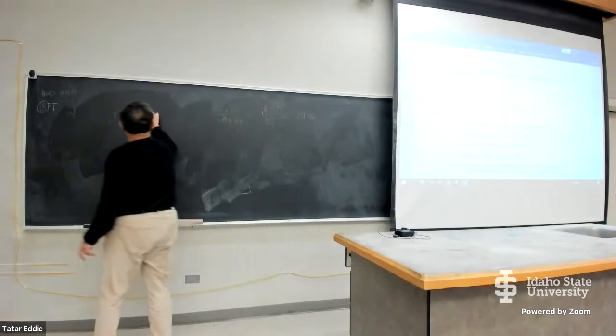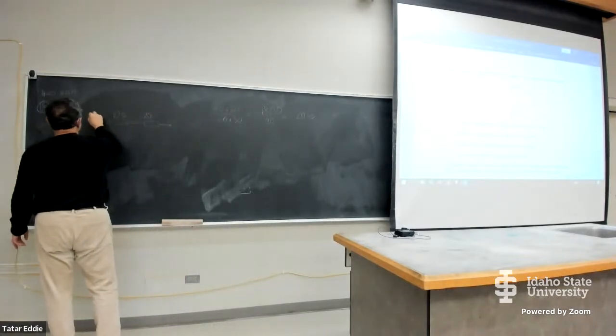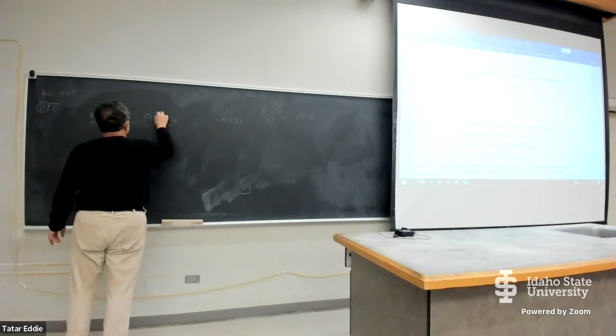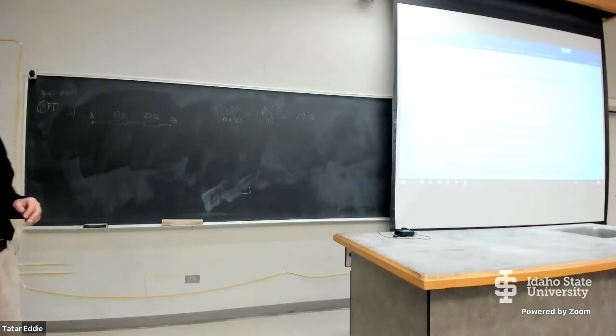So this is 20. And therefore, the equivalent resistance between points A and B has to be 30. So part A is 30.